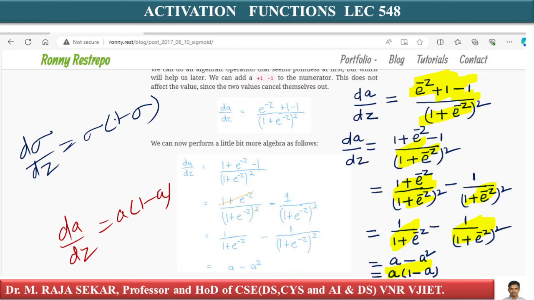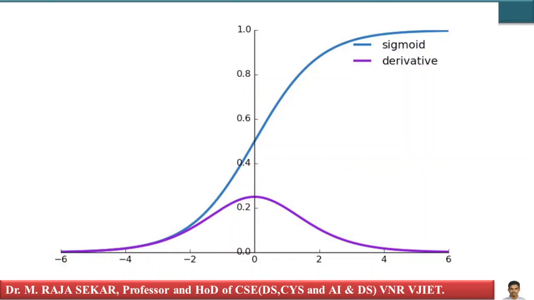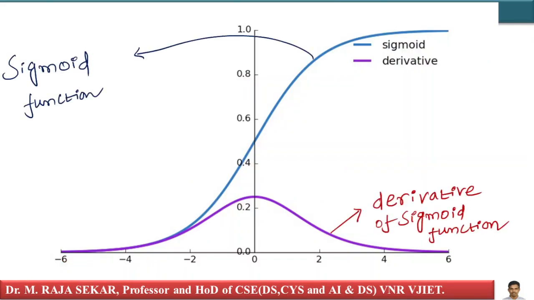Now, how does it look? Just see. If the blue line is my sigmoid function, its minimum value is 0, and maximum value is 1, and it goes from minus infinity to plus infinity, isn't it?